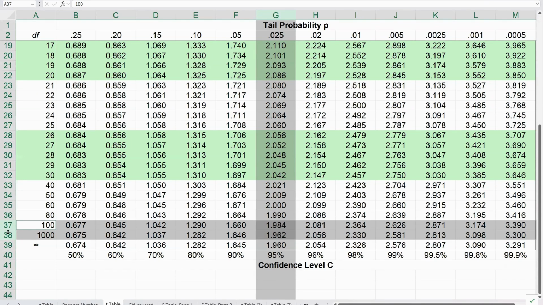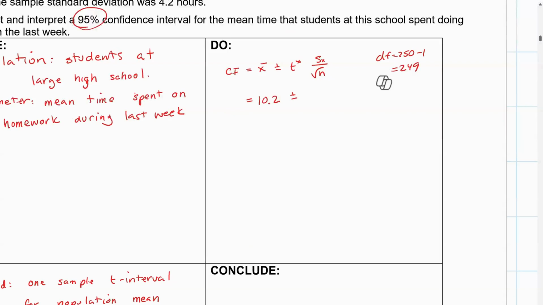So in this case, we are going to use 1.984 for our t star value, as our best guess. Our standard deviation was 4.2 and our sample size is 250.